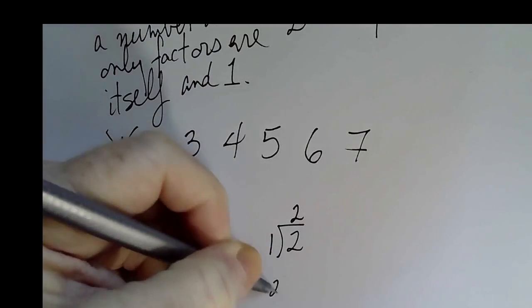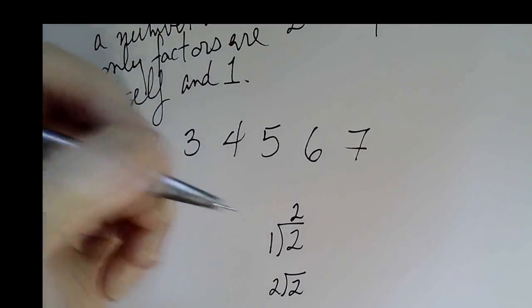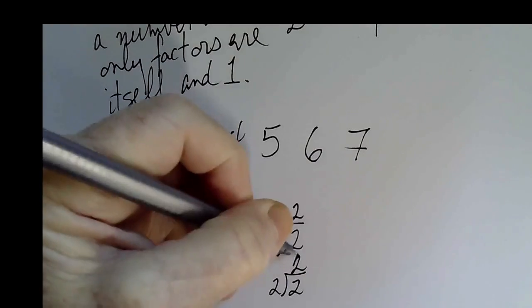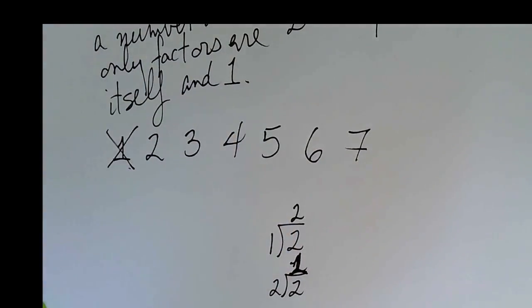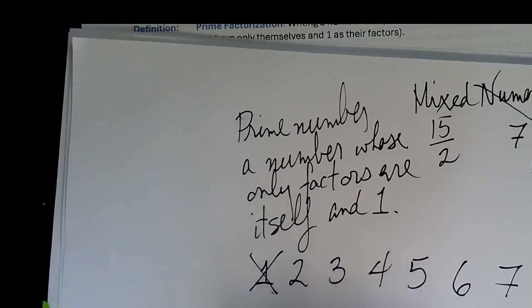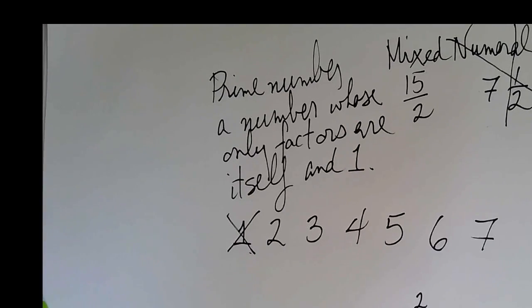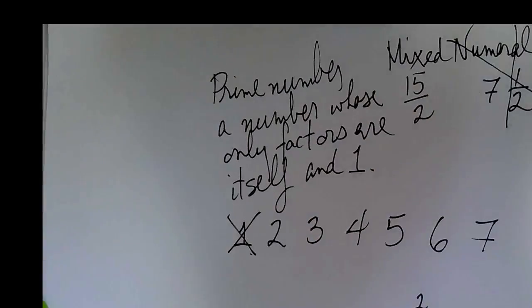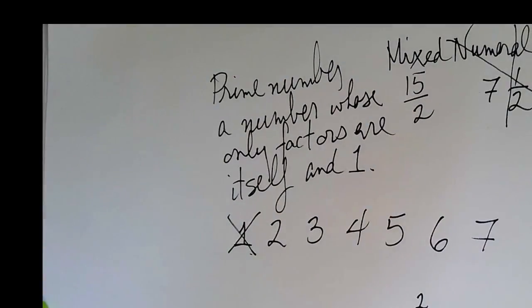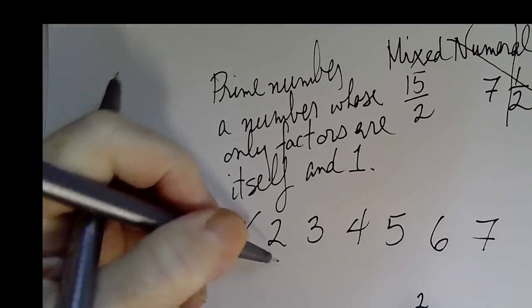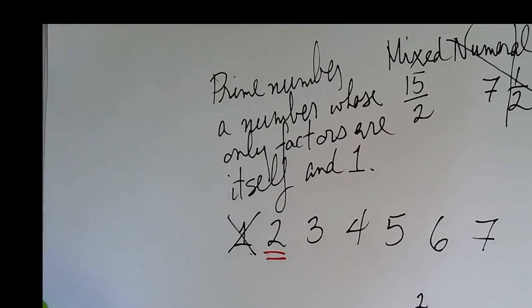And if I have 2 divided by 2, I get a whole number answer. So that's what I mean when I say 2 will go into 2 and 1 will go into 2. But no other number will go into 2 and leave a whole number answer. So 2 is prime.